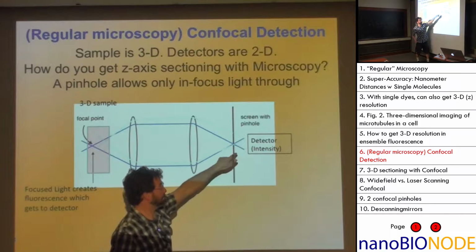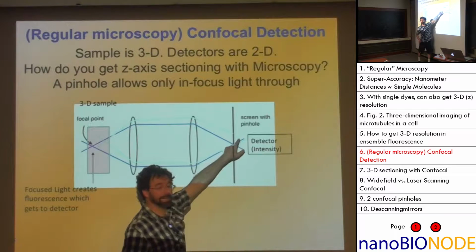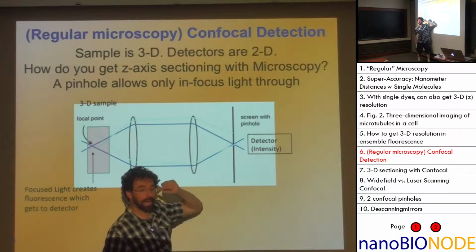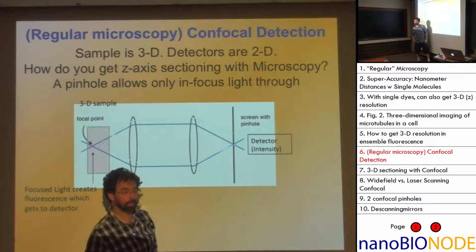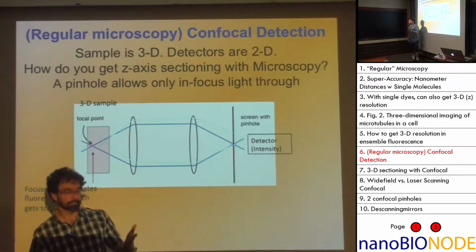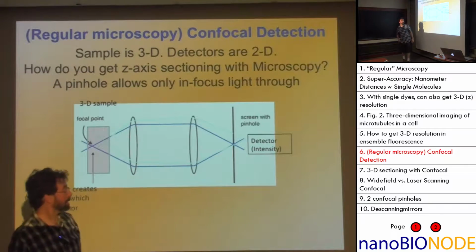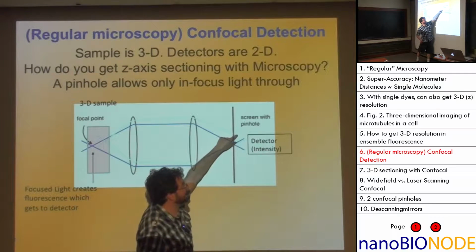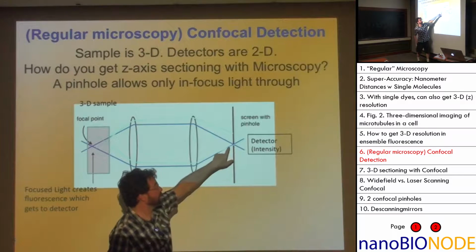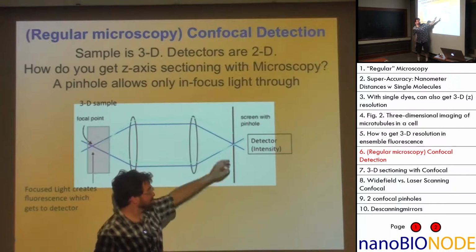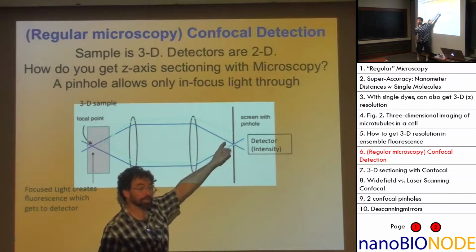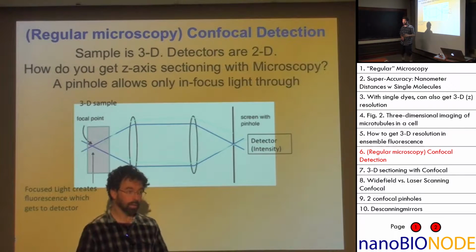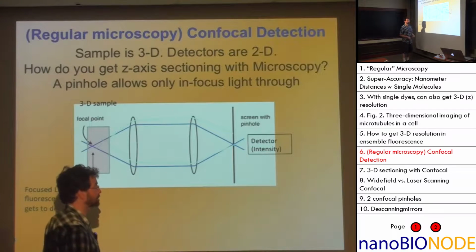Okay, but it has to go through the pinhole. Well, how much of that light is going through the pinhole? Not all of it, for sure. Most of it is not going through the pinhole. A tiny fraction is going. It's not infinitely good, but only a tiny fraction.